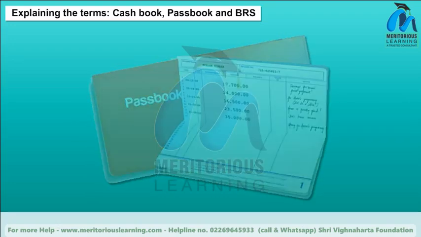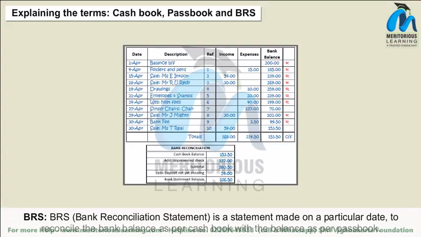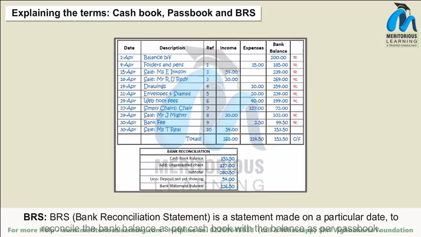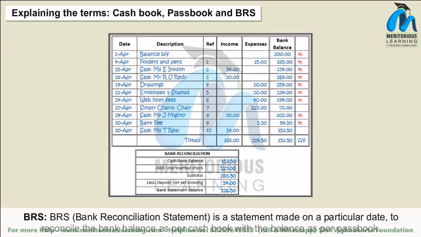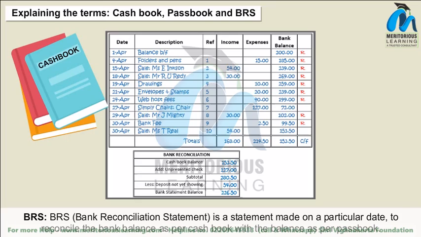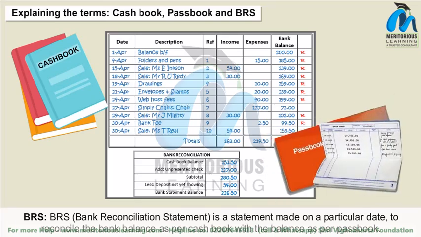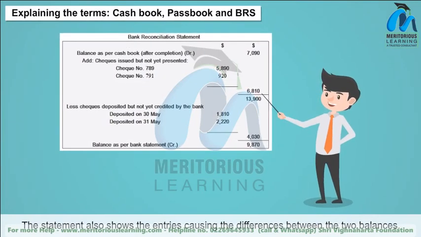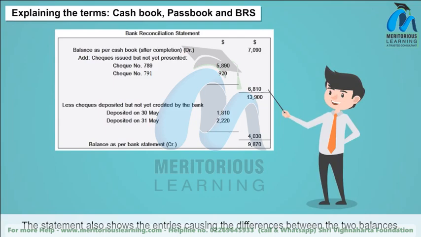BRS. BRS or Bank Reconciliation Statement is a statement made on a particular date to reconcile the bank balance as per cash book with the balance as per passbook. The statement also shows the entries causing the differences between the two balances.